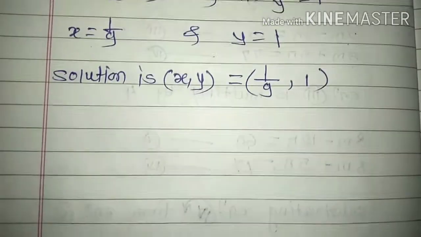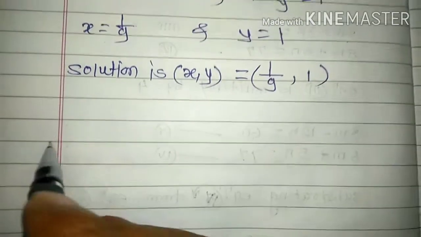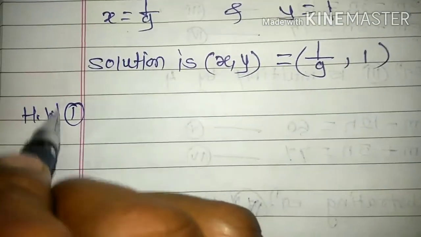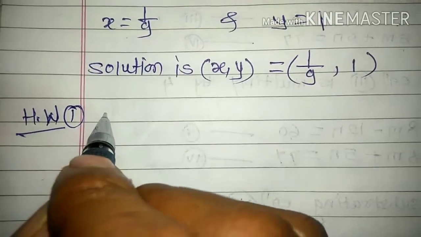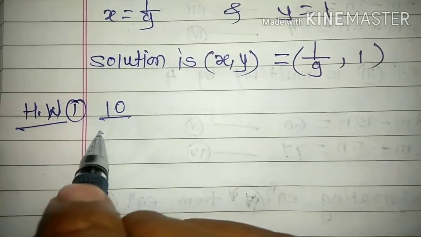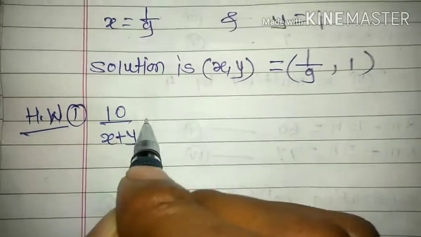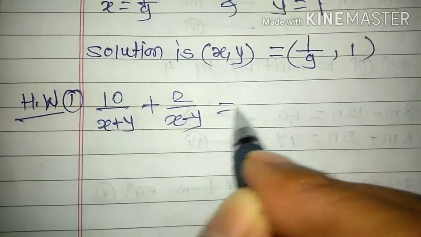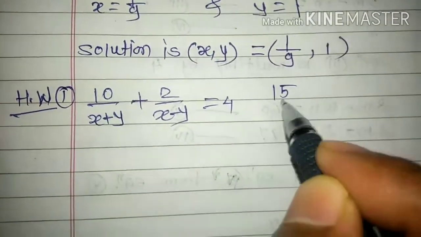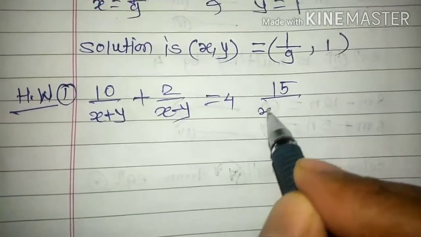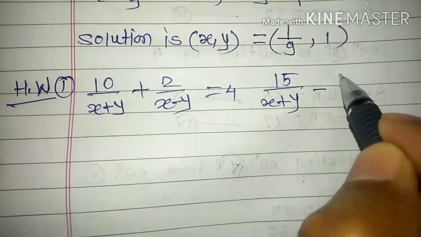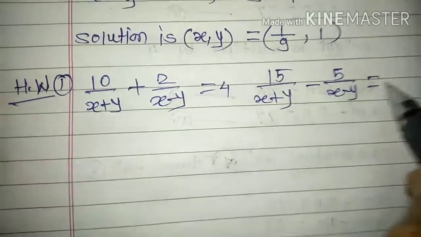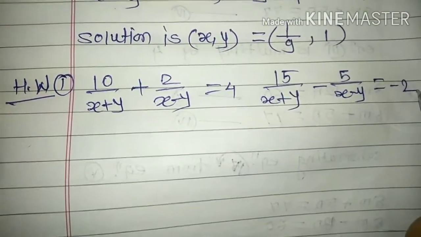Now you should solve for homework. Homework example 1: 10 upon x plus y plus 12 upon x minus y is equal to 4, and 15 upon x plus y minus 5 upon x minus y is equal to minus 12.